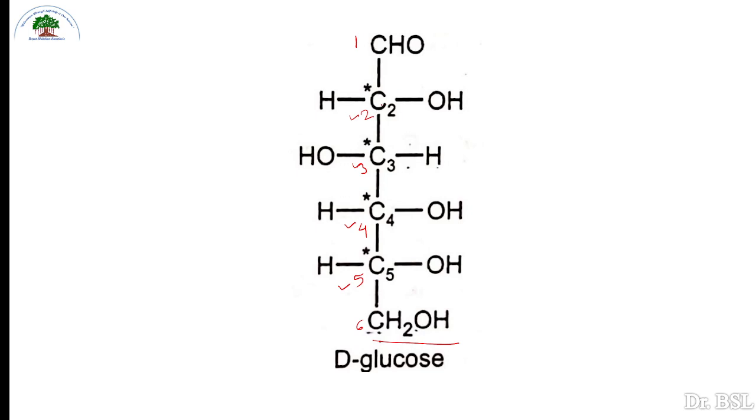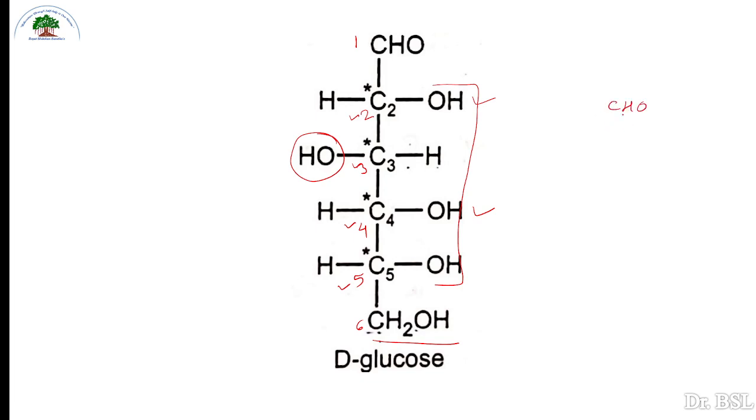Out of these 2, 3, 4, 5, carbons 2, 4 and 5 have the hydroxy group on the right hand side, and only the third carbon has the hydroxy group on the left hand side. This is the final structure of D-glucose that we know up till now.